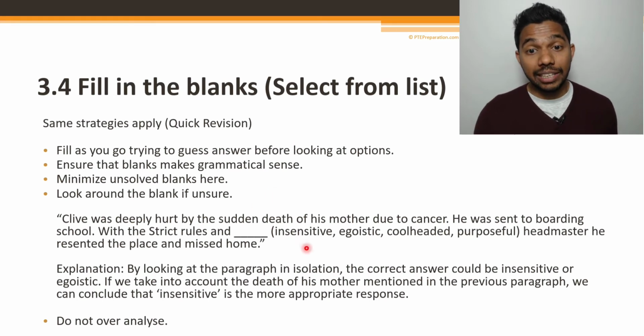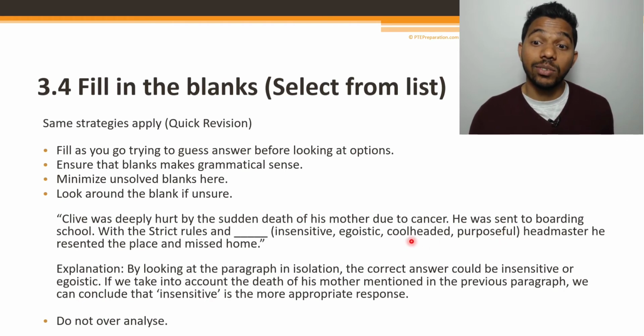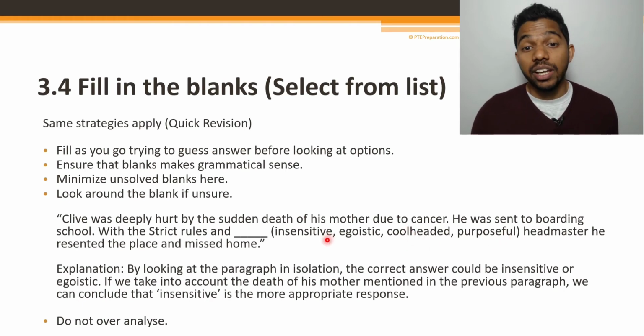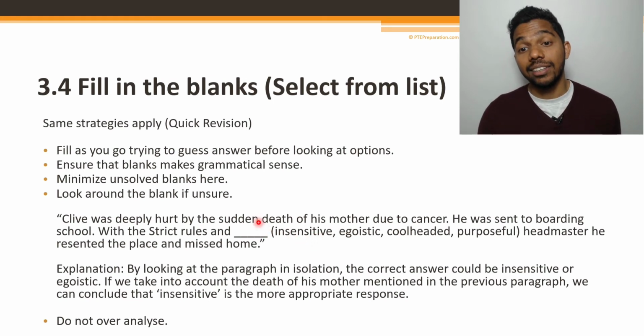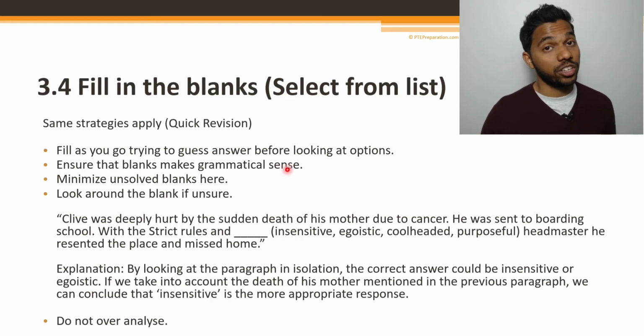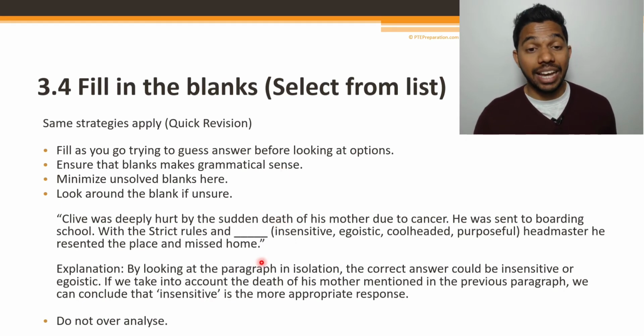It could be that purposeful, but if his headmaster was purposeful, it wouldn't be a bad thing necessarily. If he was cool-headed as well, it wouldn't be a good thing. If he was insensitive, meaning that his mother died and the headmaster wasn't sensitive to the fact that this boy's mother just died, then that could be a reason why he resented the place as well.